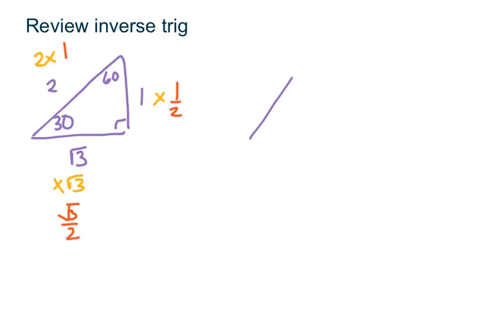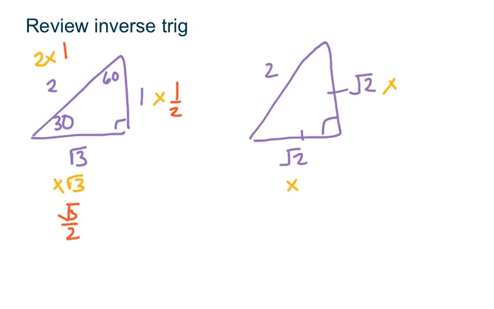The 45, 45, 90 triangle will have, for some of you, 1, 1, root 2. Some of you will remember it as x, x, x root 2.